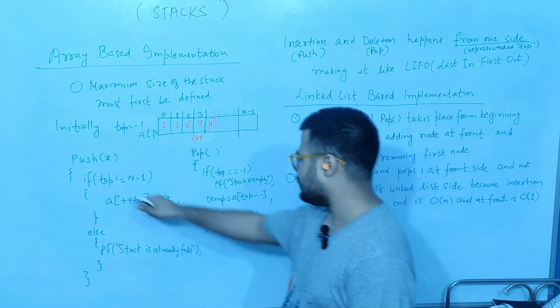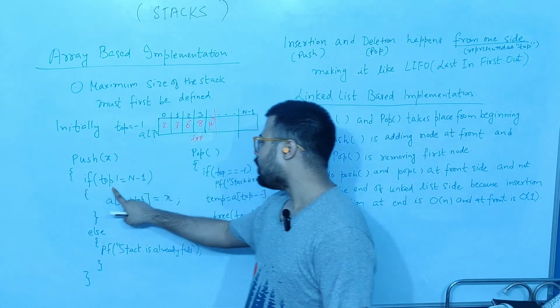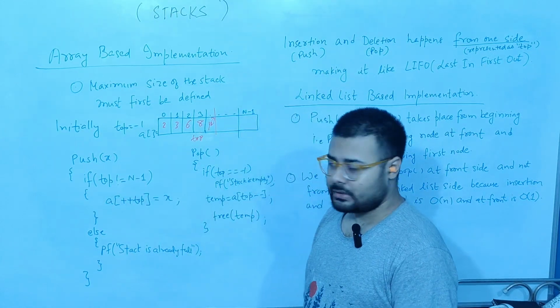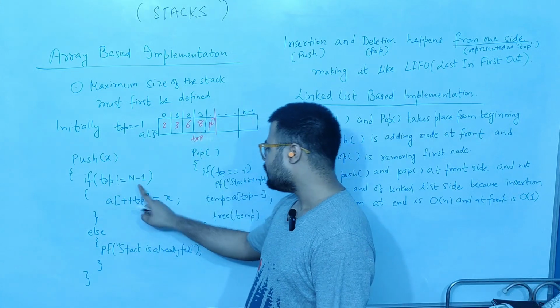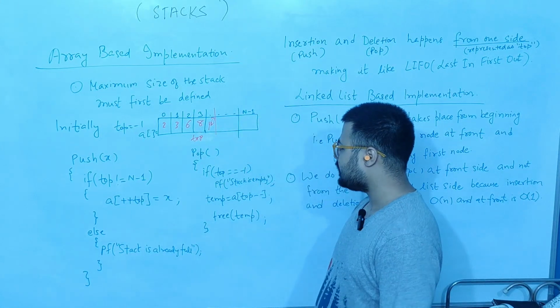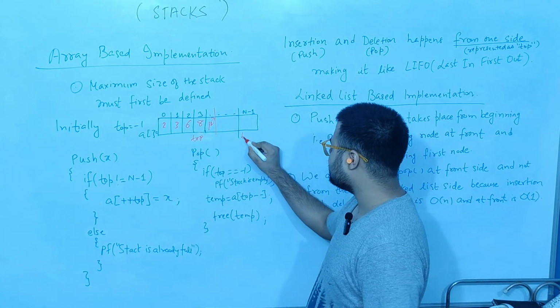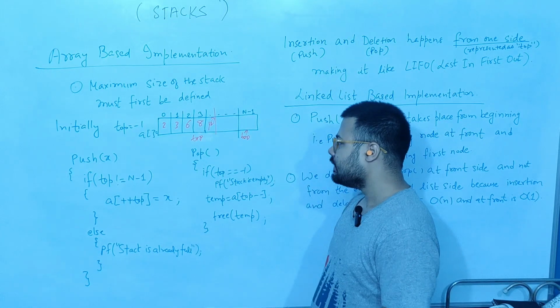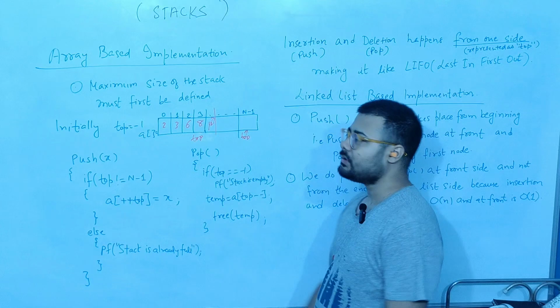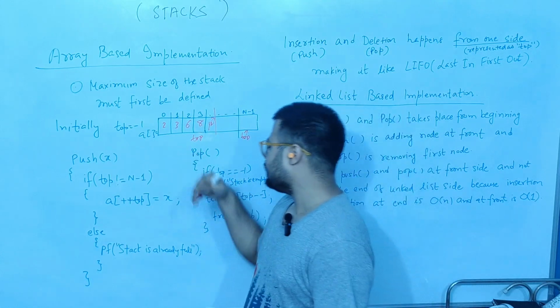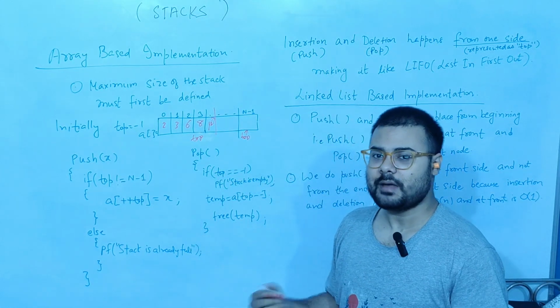As you can see, for push, you want to add an element to the stack. If top is not equal to n minus 1, it means top is not pointing to this. If top points to this element, what does it mean? It means all the elements are full, because to begin with your stack is empty.